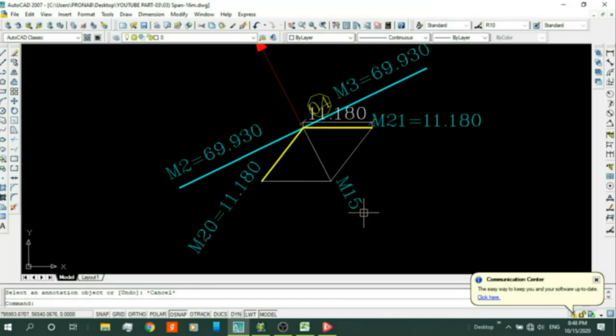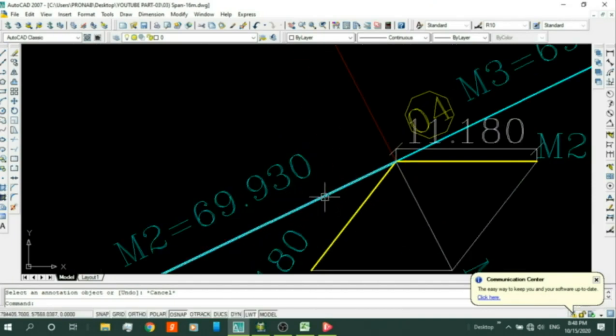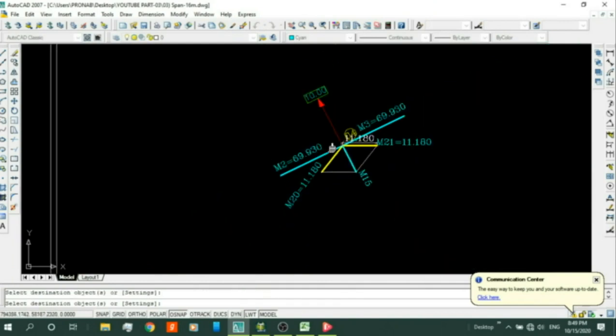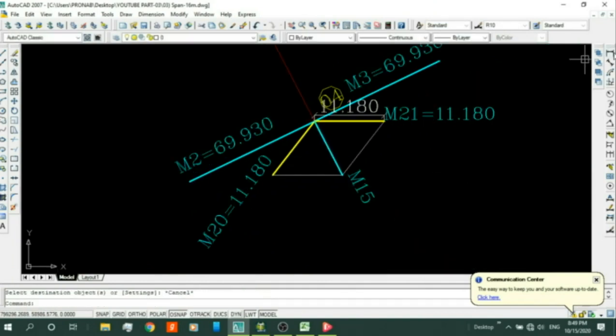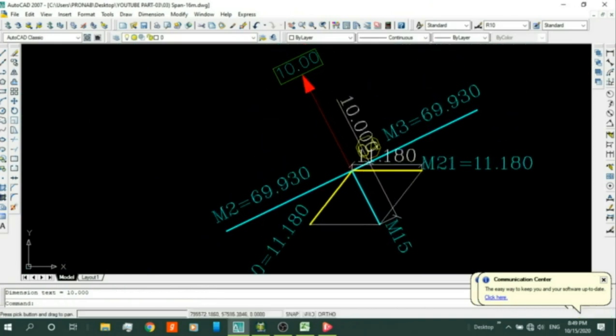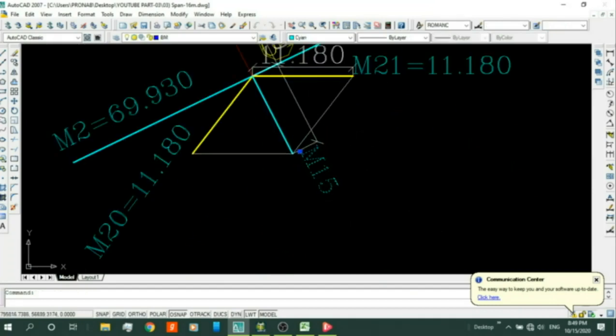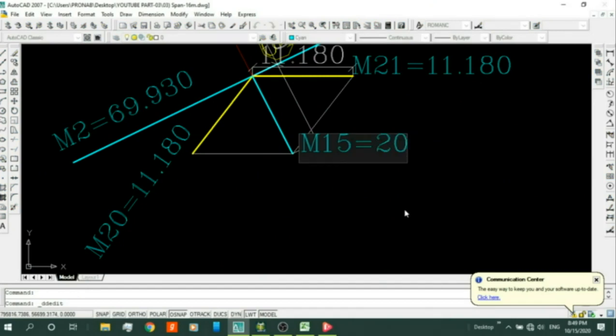The member M15 is a tension member, and the value of M15 is equal to this 10 plus this upward wind load 10 kilonewton, that is 20. M15 is equal to 20 kilonewton.